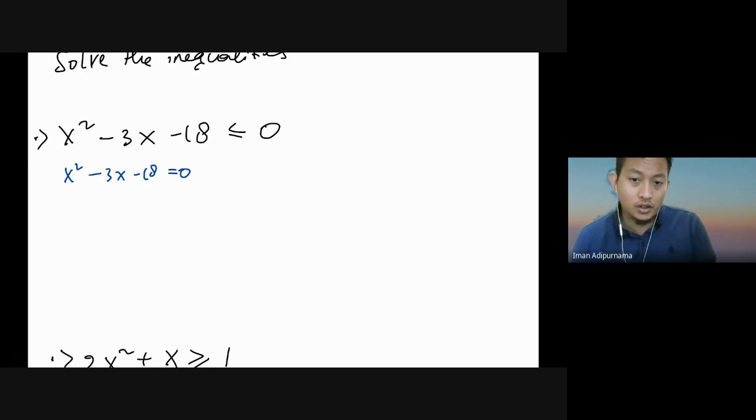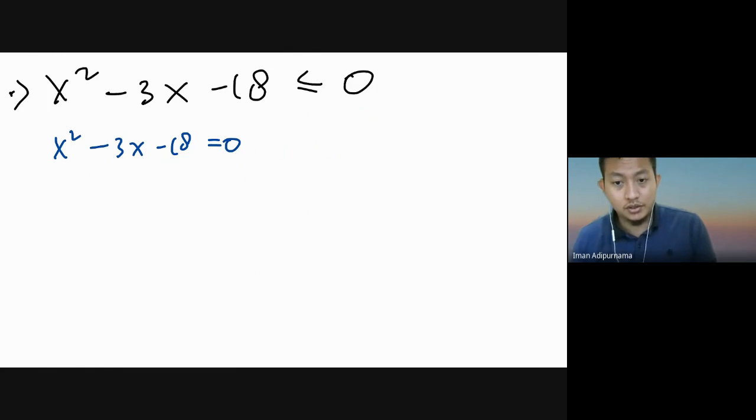And because an inequality can be less or equal, greater or equal, less or greater, maybe you mix up positive and negative, right? So to minimize mistakes, what I want to suggest to you is to make it just an equal.